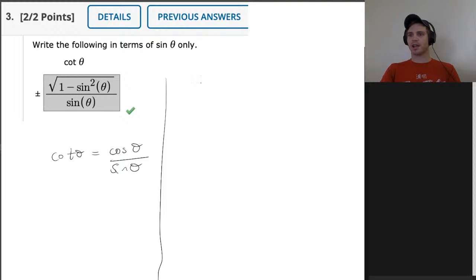So as an aside over here, let's bring up the Pythagorean identity. And then I want to make a substitution for this cosine to get it to sine. So I'm going to subtract sine squared from both sides, and then take the square root.